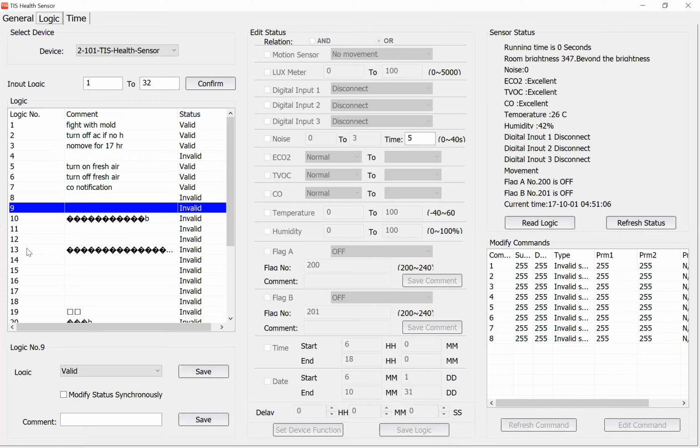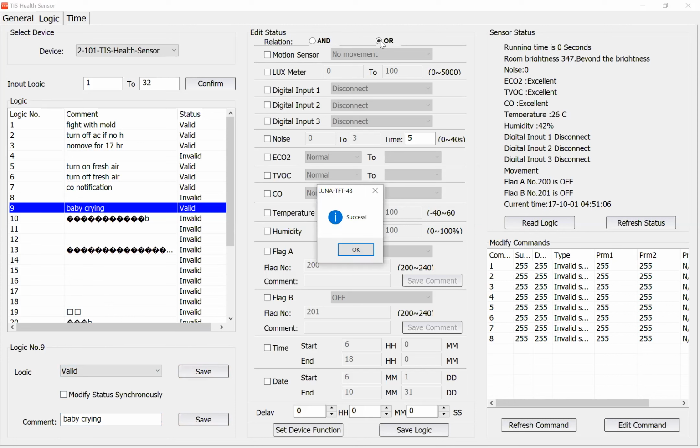And I want to program one logic named baby crying. Okay. I said if the noise is, for example, what's the noise now?